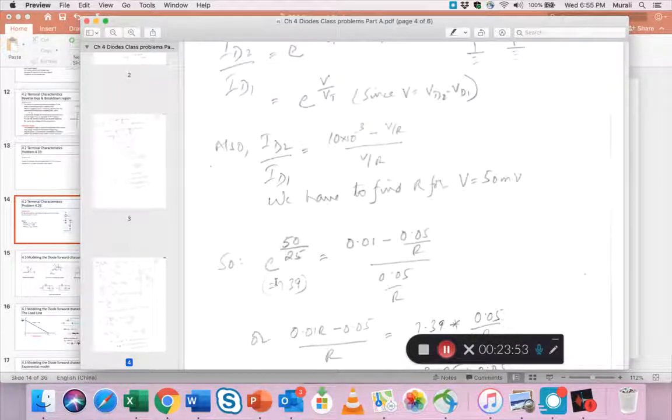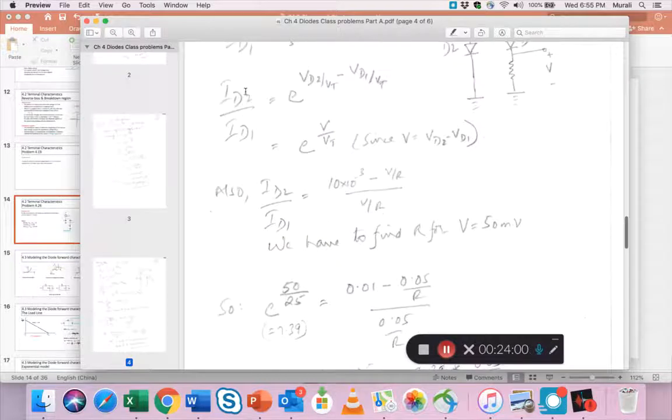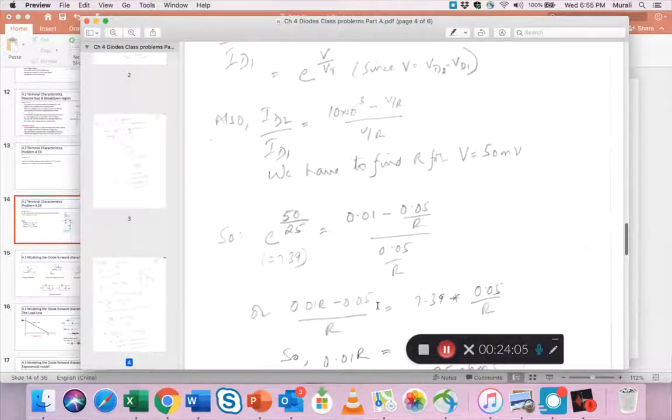So this is a known quantity, 7.39. This equals this ratio ID2 by ID1, and we know that the current I is given, the total current, which is 10 milliamps or 0.01 amps, and then we know the voltage, which is again 50 millivolts, 0.05 volts, divided by R, and the denominator is again V by R.